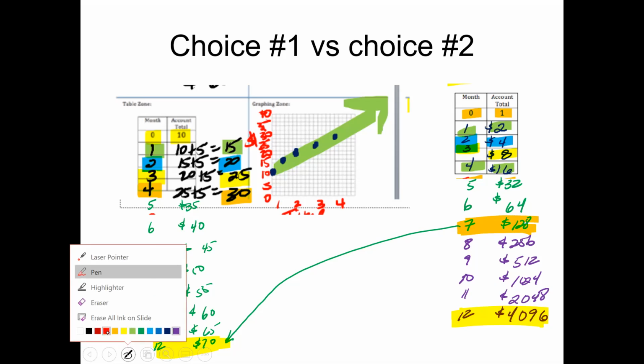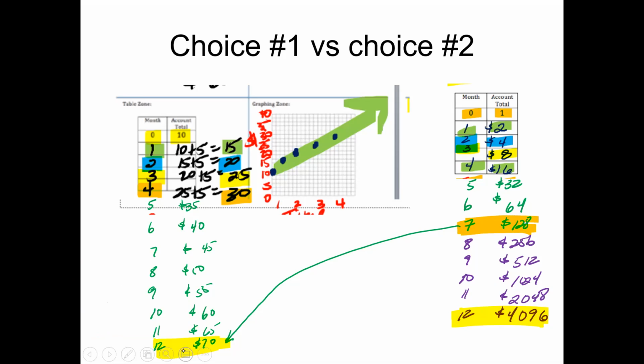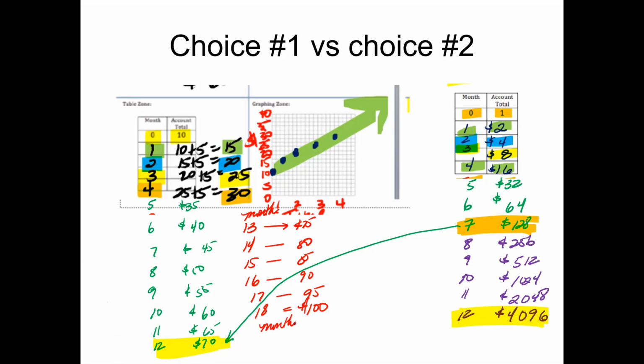Now, with option 1, it's going to take you a little bit longer because you're going to have to go to month 13, which is only going to give you $75, month 14, $80, month 15, $85, month 16, $90, month 17, $95, and at month 18, you get to $100. So 18 months with choice 1 versus 7 months with choice 2, and you're actually going to get more. You're going to get an extra 28 bucks because you're getting $128.